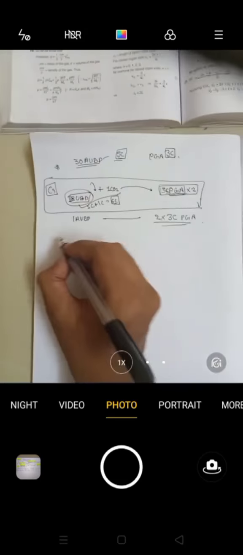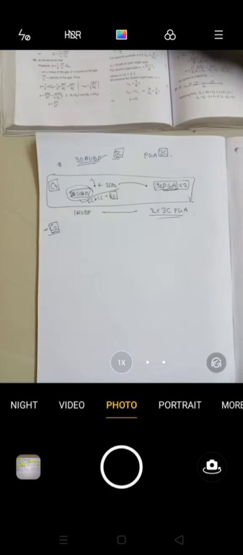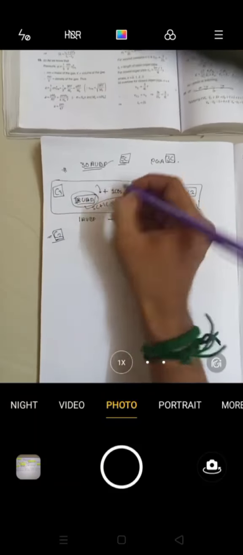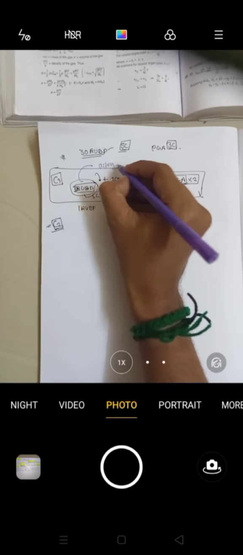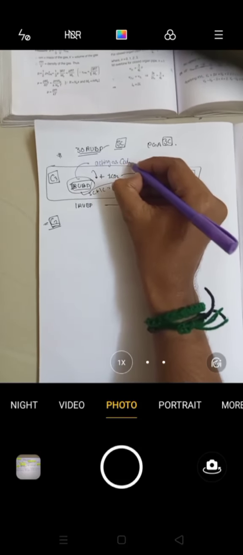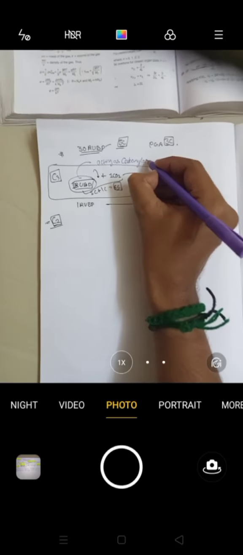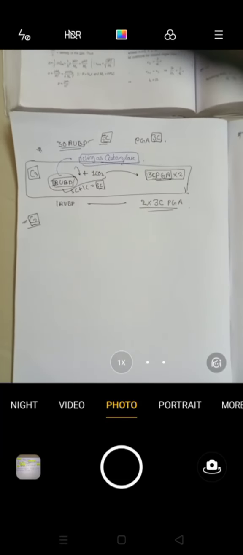But in case of the C2 cycle, here I would like to explain that Rubisco is acting as carboxylase. The actual name of Rubisco is Rubisco oxygenase carboxylase.